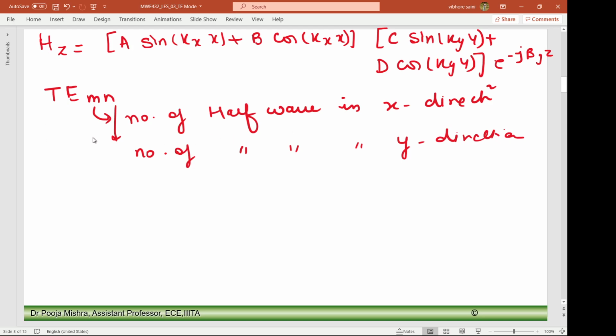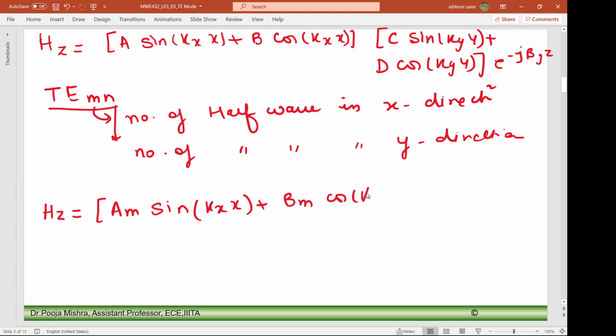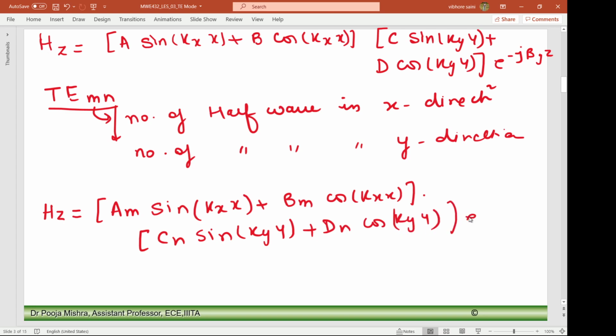Here we will talk about any E or H. So if mode designation is in m or n form, then this solution for Hz could be written as Am sin kx x plus Bm cos kx x into Cn sin ky y plus Dn cos ky y exponential minus j beta g z.